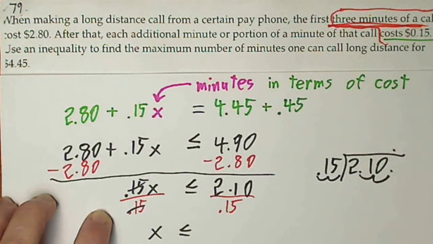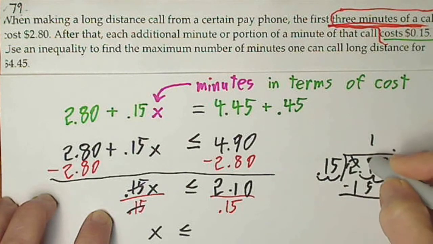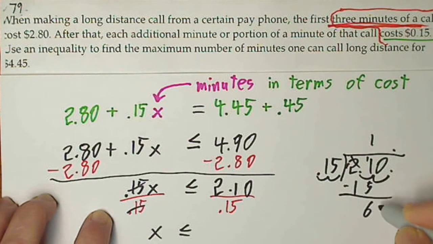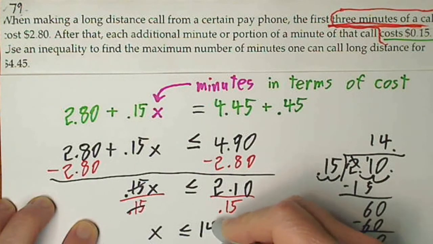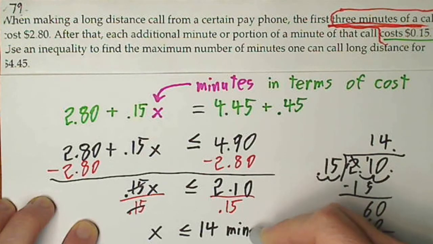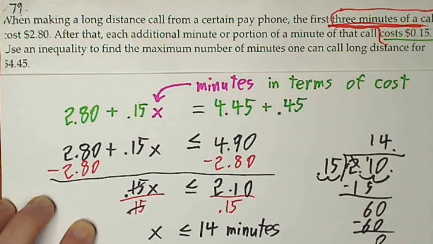You tell the world where it is. 15 goes into 21 one time. Bring down your 0. 15 goes into 60 4 times with nothing left over. So x is less than or equal to 14 minutes.